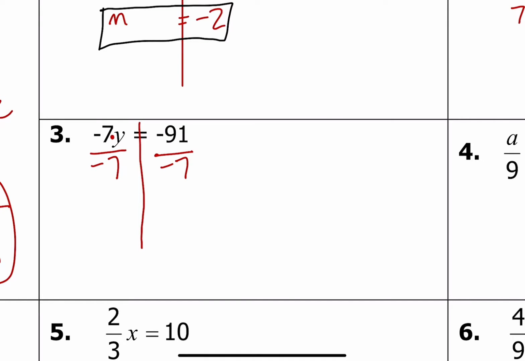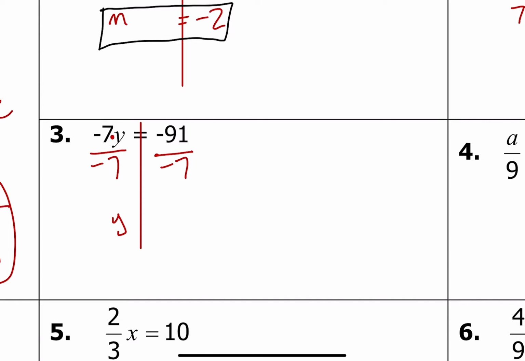Remember, those sides are separated by the equal sign. So when I divide -7y by -7, that's going to leave me with a 1y. Remember, any number divided by itself is equal to 1. But I don't need to write that 1, so I'm just going to leave that out.